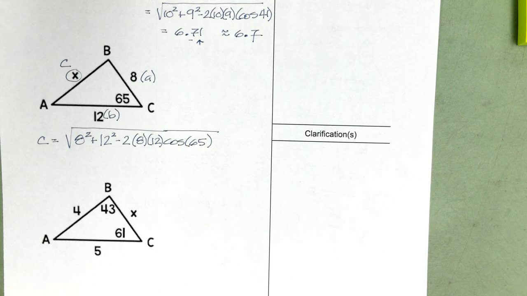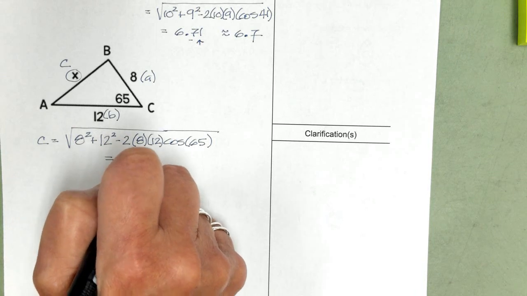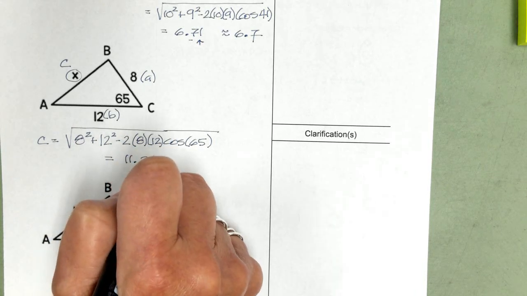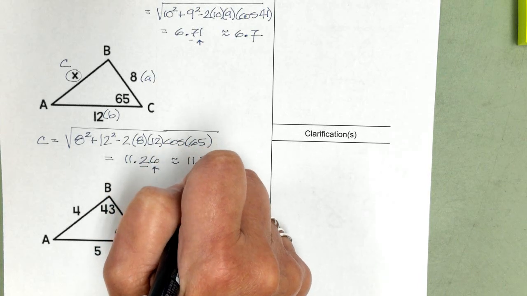You can plug this all into your calculator in one fell swoop, and you should get 11.26. If I'm rounding to the nearest tenth, that gives me 11.3.